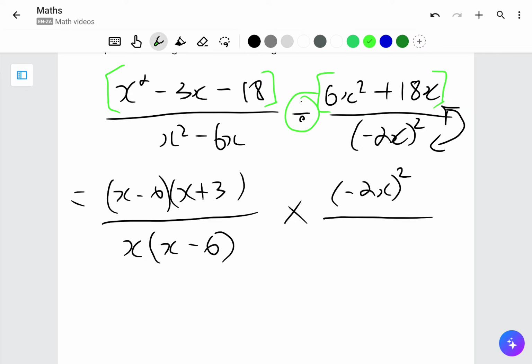There is a highest common factor here of 6x, right? Because 6 can go into 18 three times, and x can go into x squared. So we have a highest common factor here of 6x, and we are left with x plus 3.